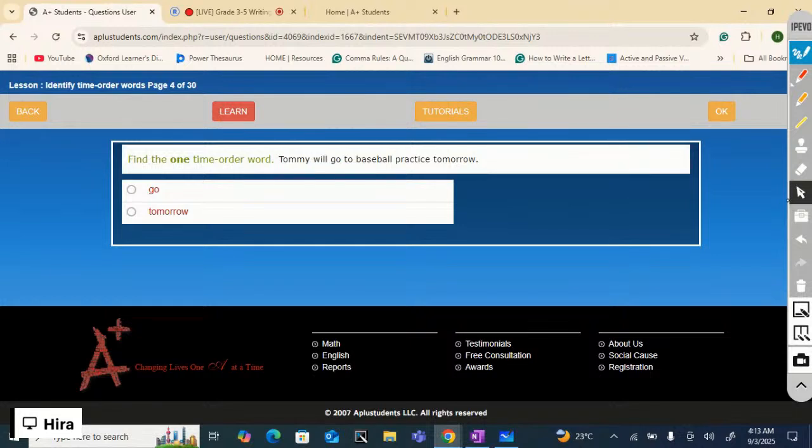Now the next sentence is Tommy will go to baseball practice tomorrow. Which word is a time order word? Go or tomorrow?